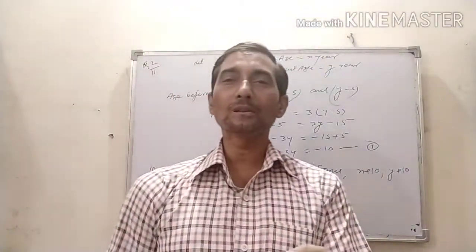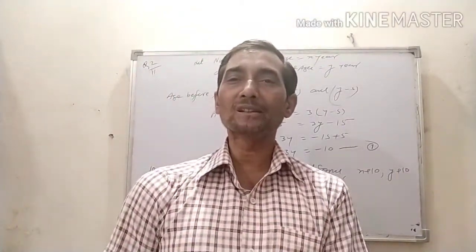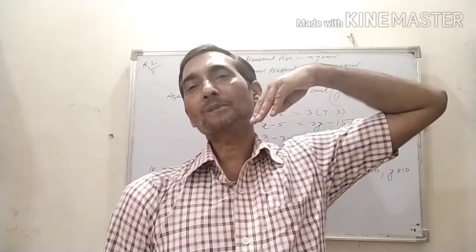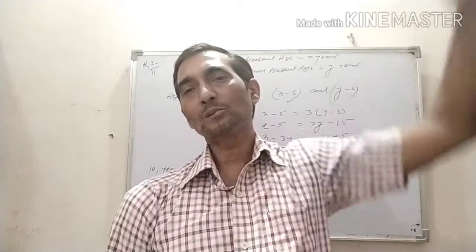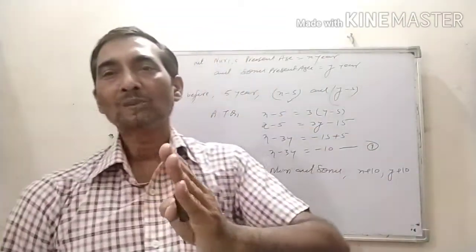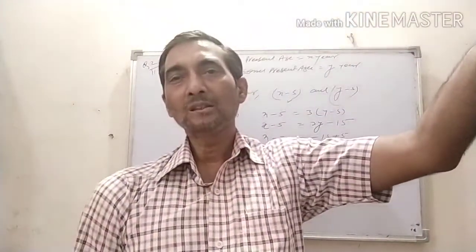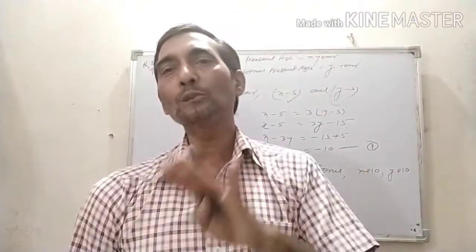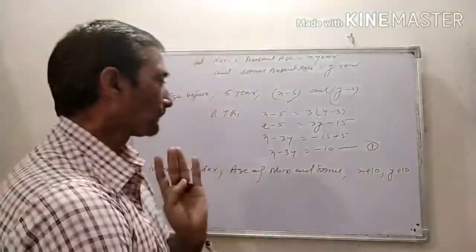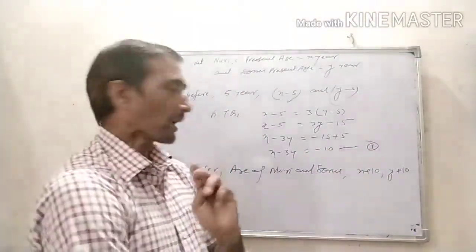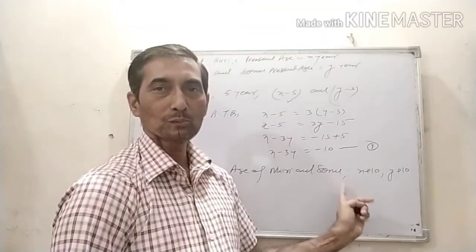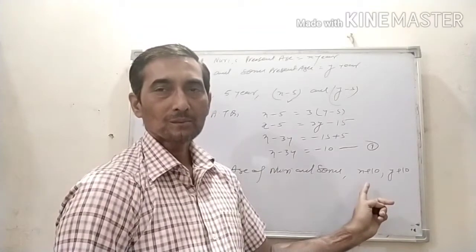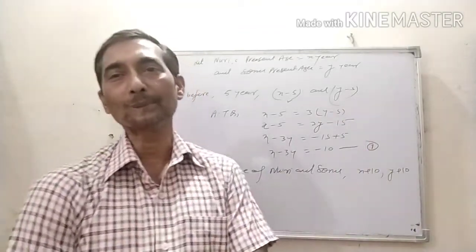Similarly, if your present age is 10 years, then after 5 years you will be 15 years. To get the age after 5 years, 5 is added to the present age. Therefore, after 10 years, the ages of Noori and Sonu are X plus 10 and Y plus 10.